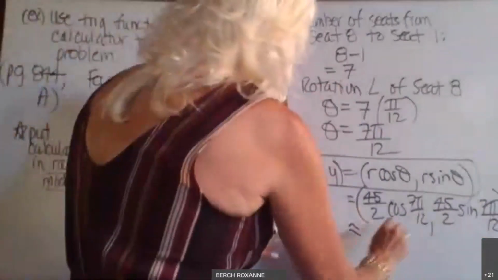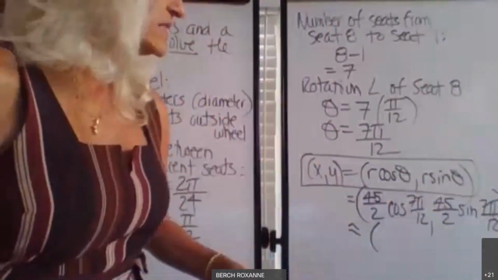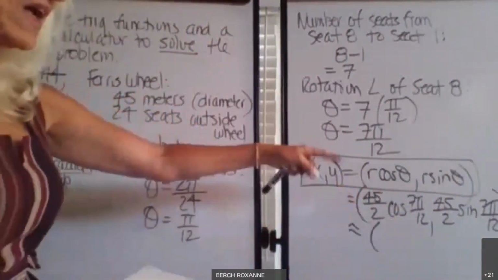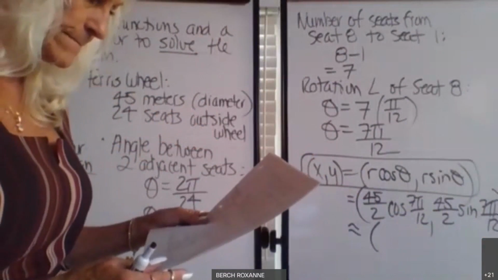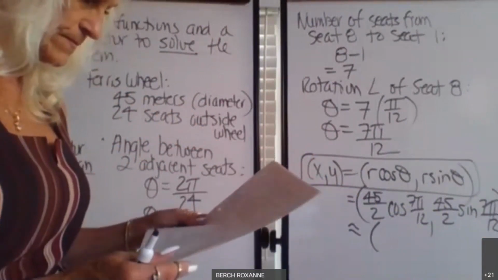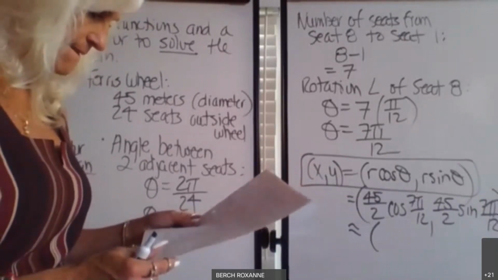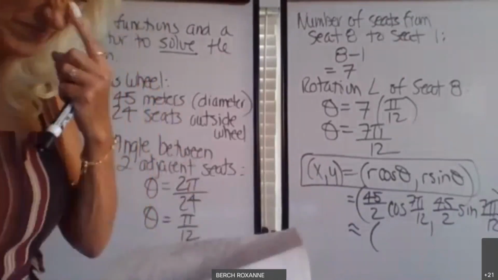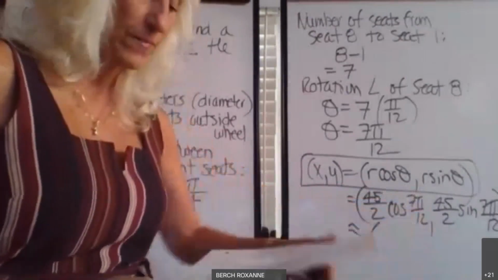Remember this is an ordered pair. On the calculator, take cosine of 7 pi over 12, then multiply by 45 divided by 2, and tell me what you get. I got negative 5.82, so about negative 5.8.